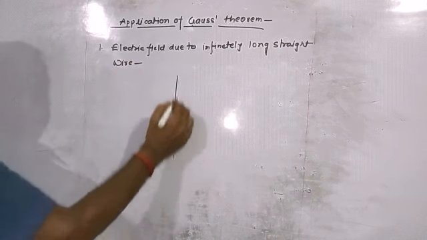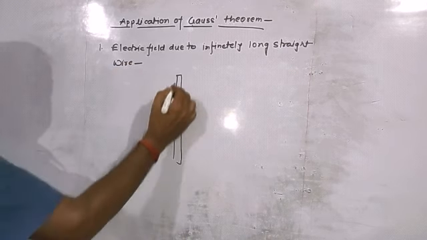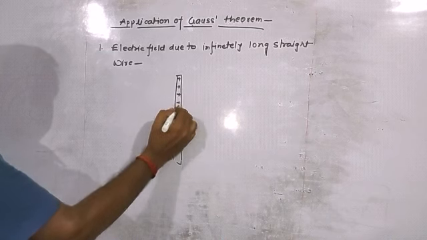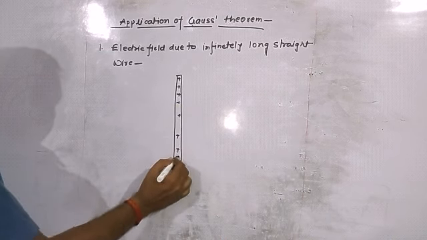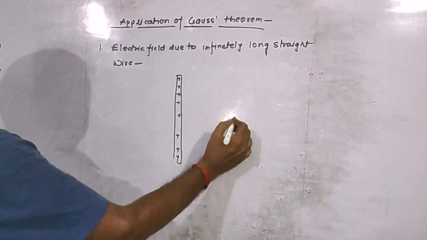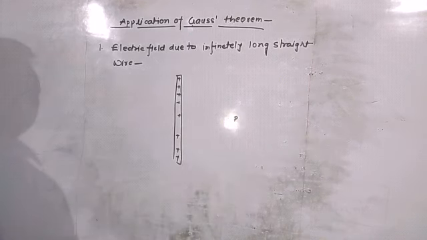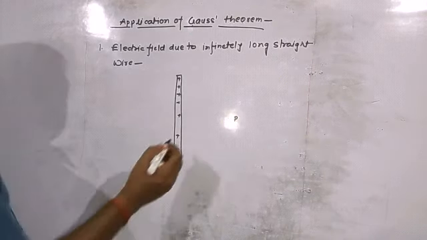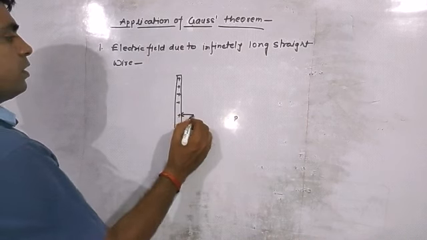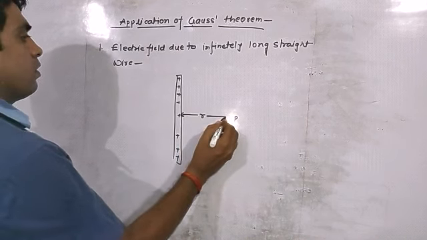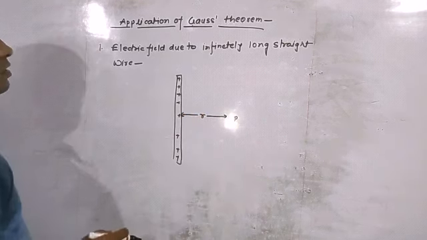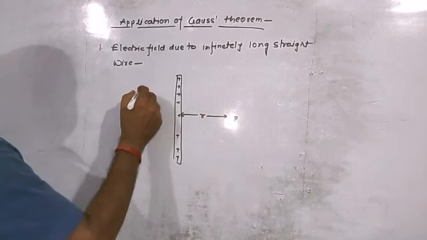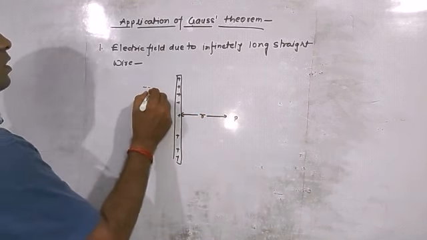Now suppose that a wire is charged positively and we wish to find the electric field intensity due to this charged wire at some point, say P. Now taking the distance of P as R, and R is considered as a radius, we will construct a Gaussian surface taking R as a radius.